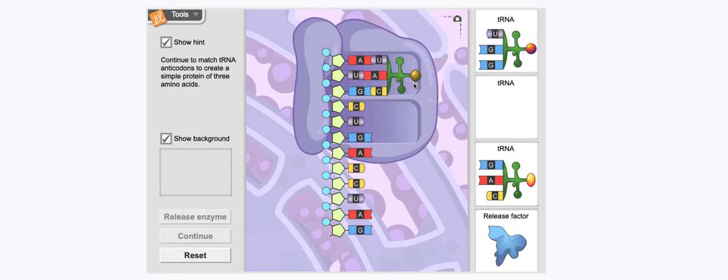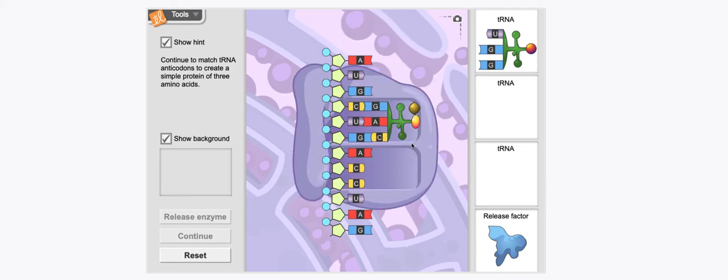And here this is the amino acid on that tip of the transfer RNA. C pairs with G. Okay, so we have our anticodon there.